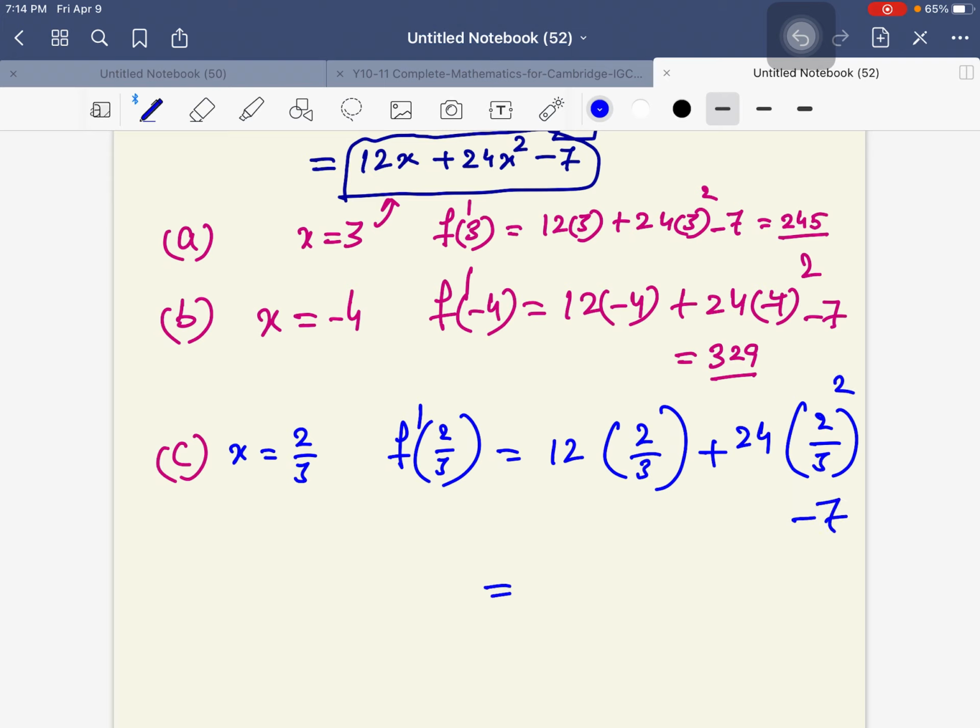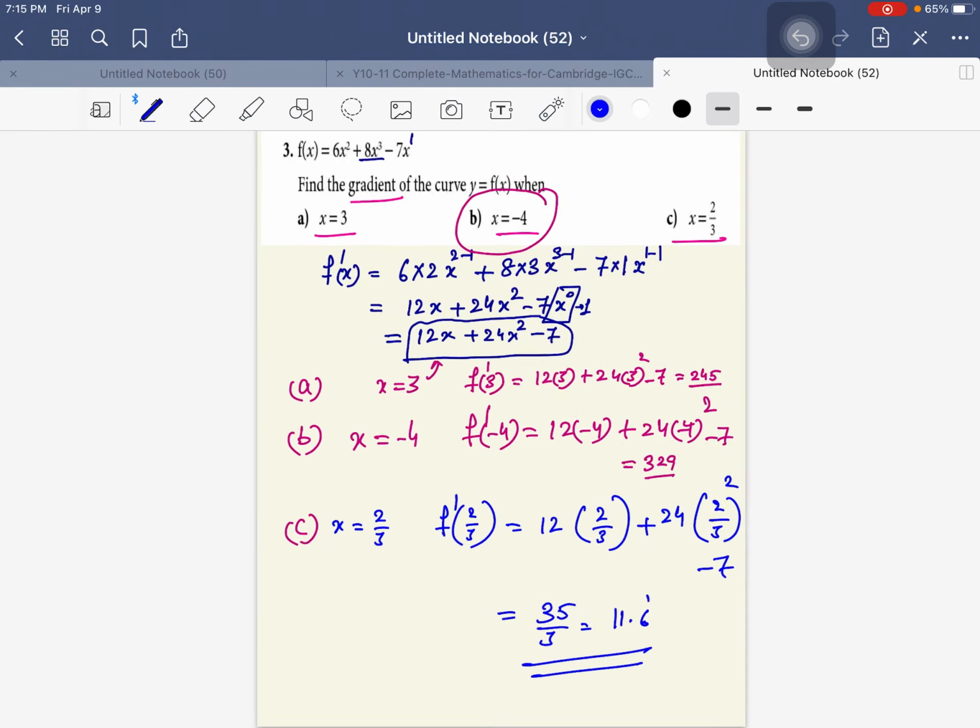Let's use the calculator fast. 12 times 2/3 plus 24 times 2/3 whole squared minus 7, and the answer is 35/3, or changing to decimal, 11.6 recurring.